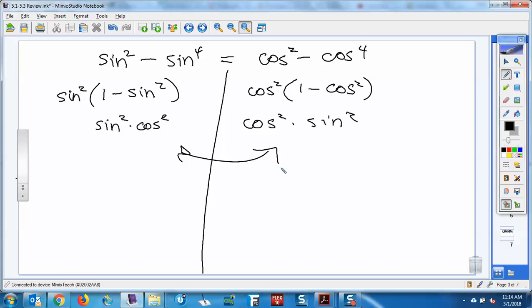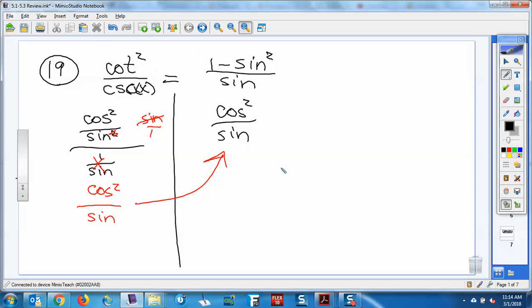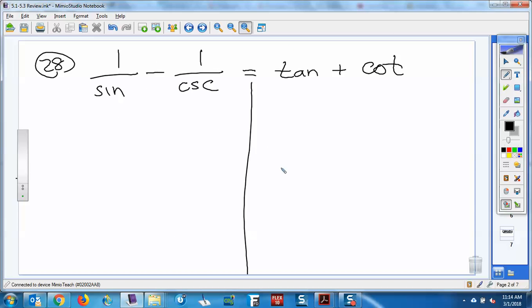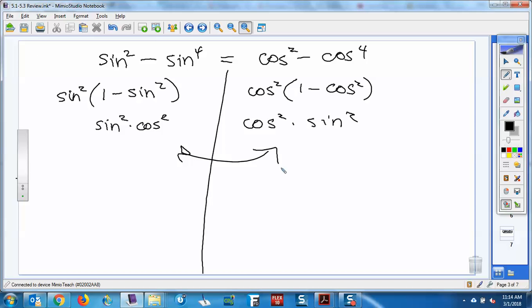So what are the things we're looking for? Getting common denominators, maybe. Turning things into sines and cosines, and then some invert and multiply. Getting a common denominator, which is kind of what you would have done on this one, right? When you add or subtract two fractions, getting common denominators is good. And then factoring.